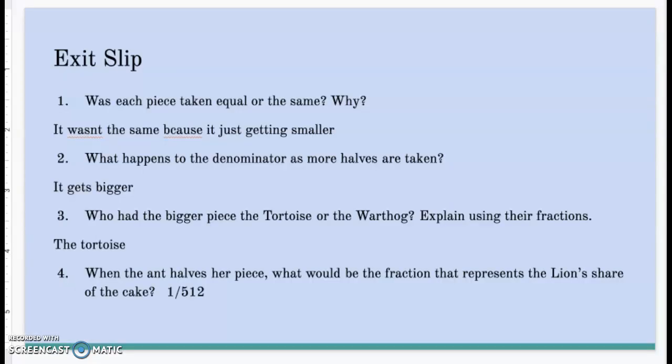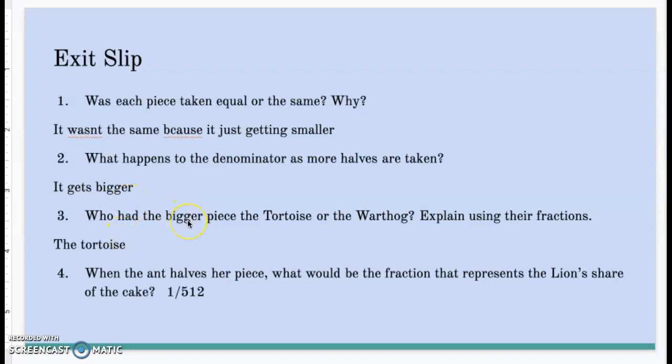Once they were done, they had to do an exit slip in which they had to answer these 4 main questions. First one: was each piece taken equal or the same? Why? The student said it wasn't the same because it was getting smaller, which is true. Then, what happens to the denominator as more halves are taken? It gets bigger.